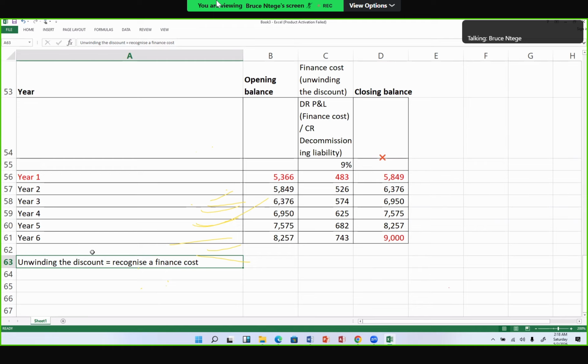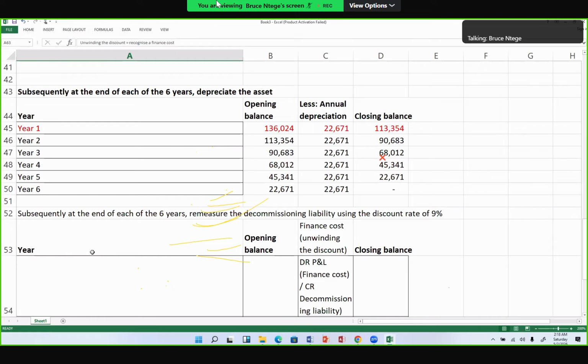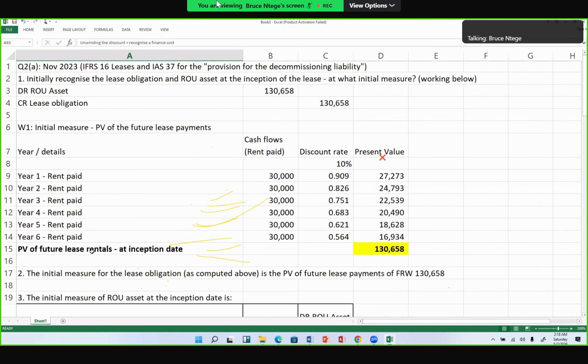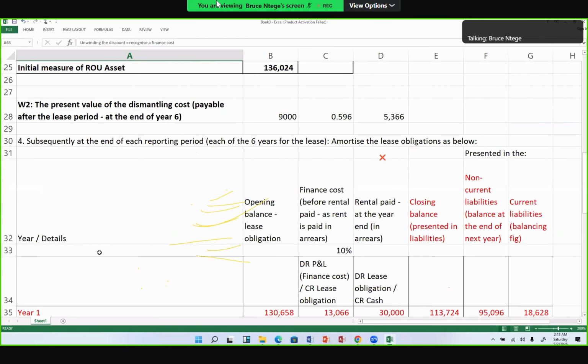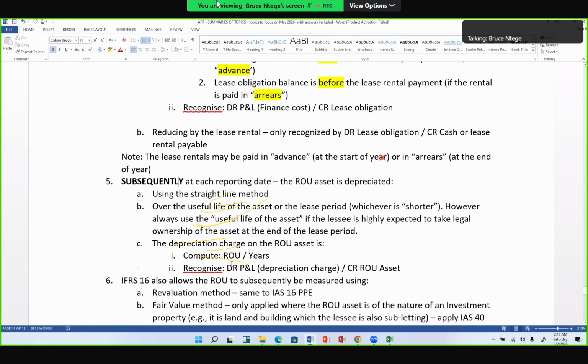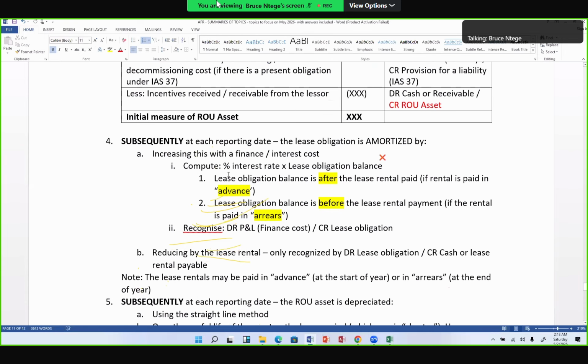Okay, fine. So this kind of question, if I go back to my 7 aspects or principles, you realize that out of the 7, 6 I've done them. 1, I said initially, I'm recognizing a lease obligation and right of use asset. Then secondly, that initial measure of the lease obligation is measured based on the present value of the future lease payments. So we completed that.